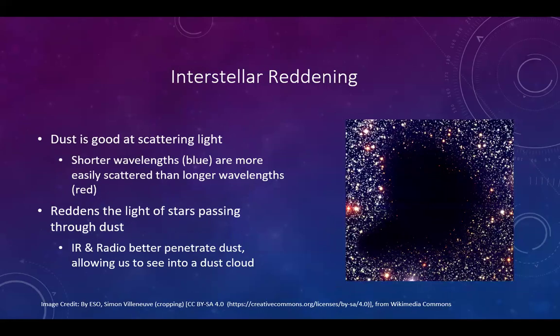Dust is very good at scattering light. Shorter wavelengths, blue, are more easily scattered than longer wavelengths. This is why the sky is blue and sunsets are red. When you look at the sky, you're seeing light scattered.